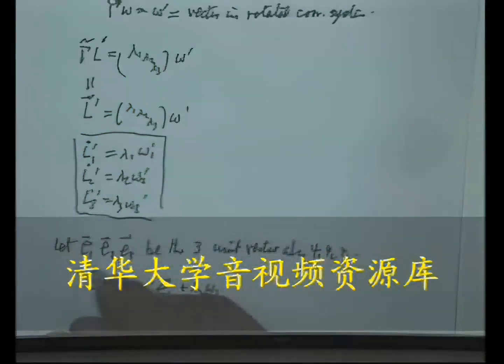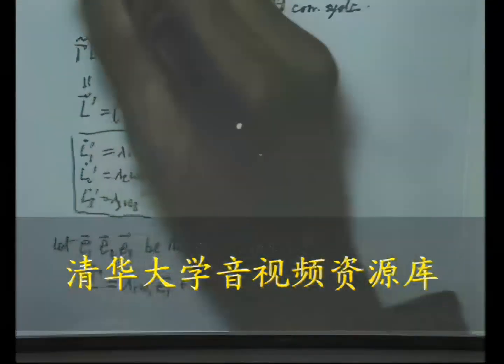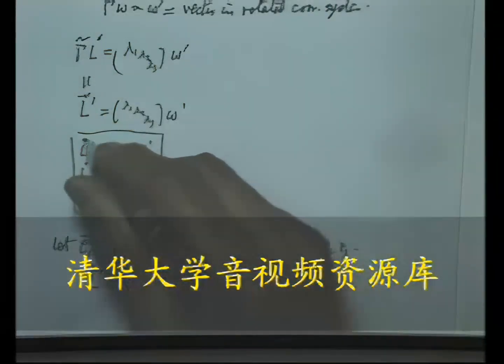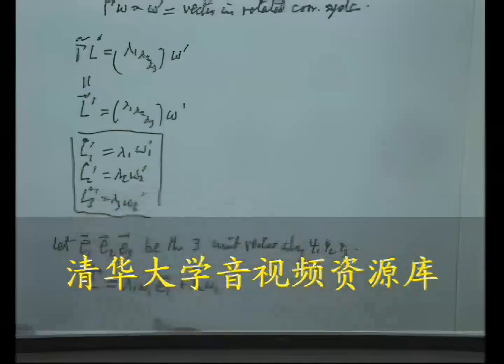So, no. Forget it, I was confusing myself. No dot. We have not dotted yet. So L is equal to lambda 1 omega 1 prime E1 plus lambda 2 omega 2 prime E2 plus lambda 3 omega 3 prime E3. That's a fundamental formula.